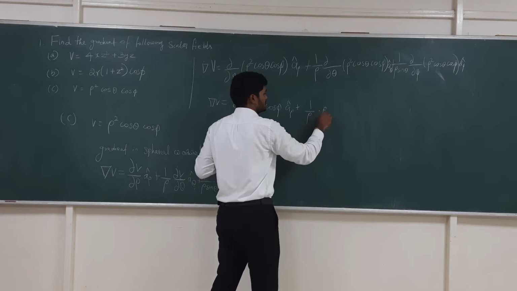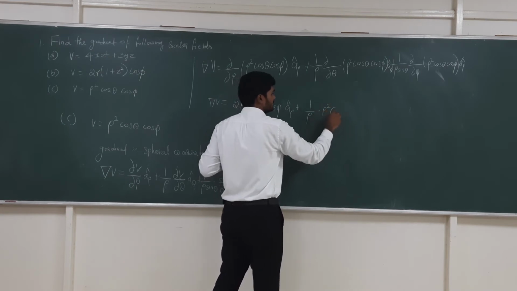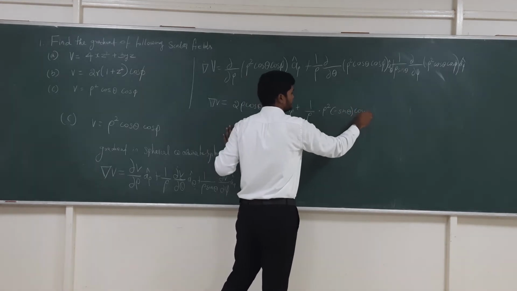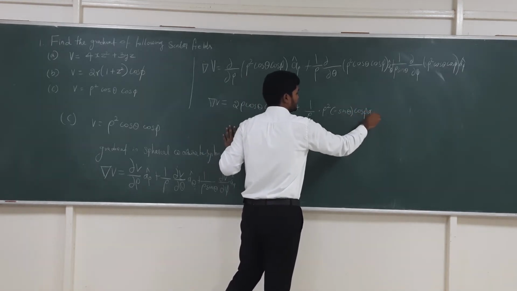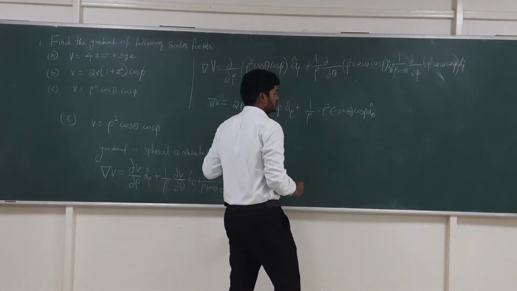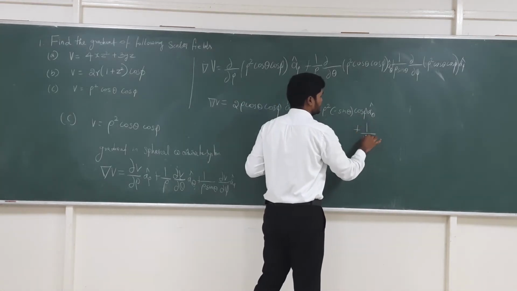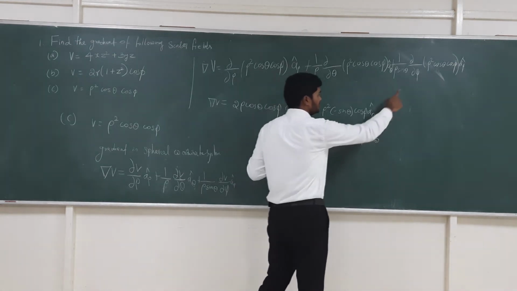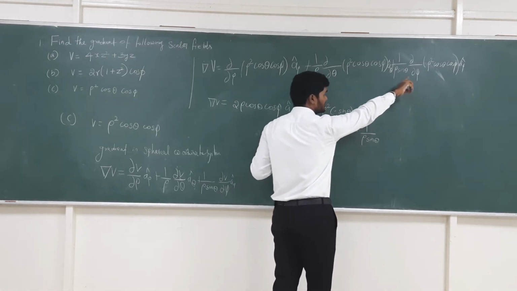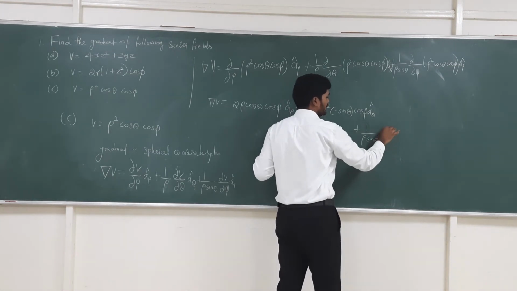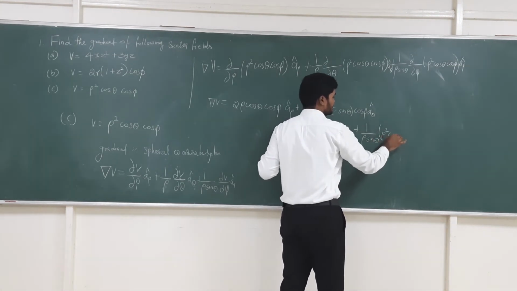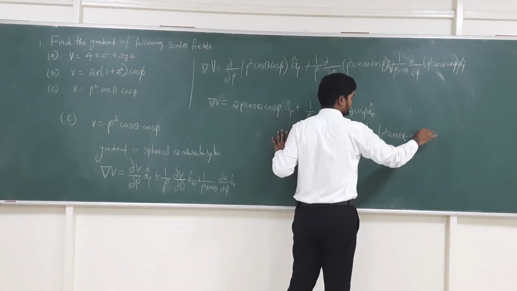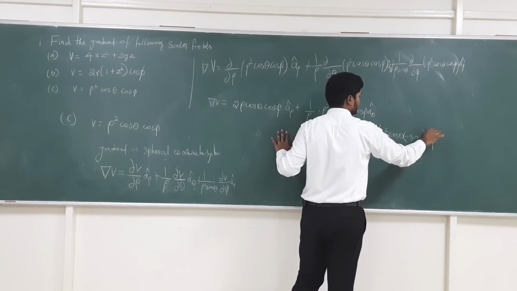So into ρ² minus sin θ into cos φ, into a_θ cap. Plus 1/(ρ sin θ). If we differentiate this term with respect to φ, it becomes ρ² cos θ into minus sin φ, so into a_φ cap.